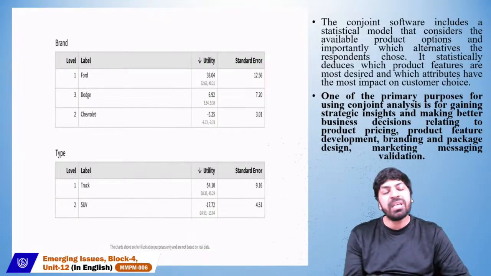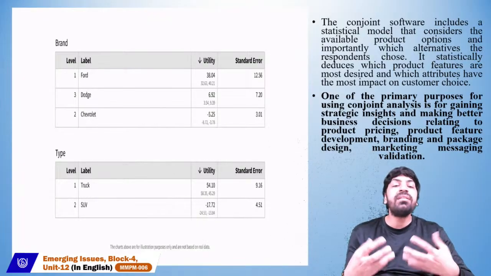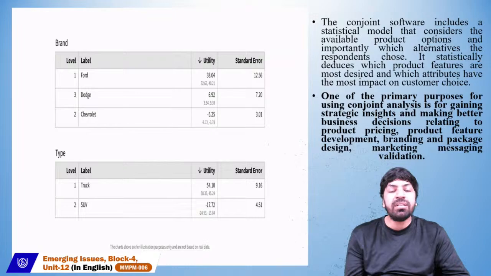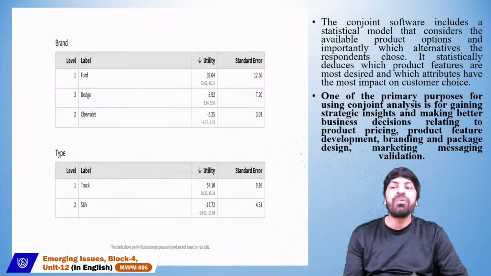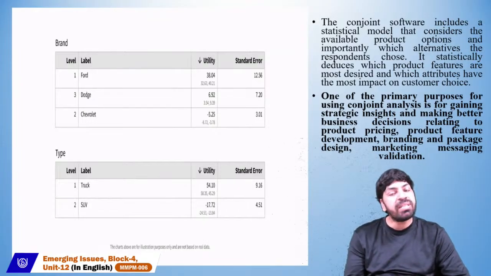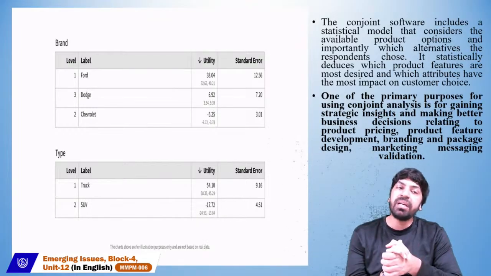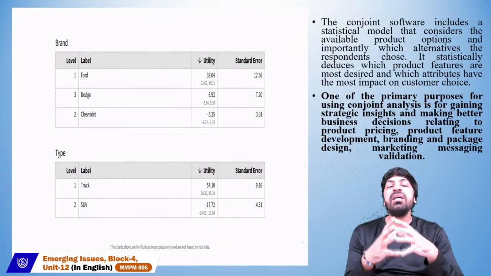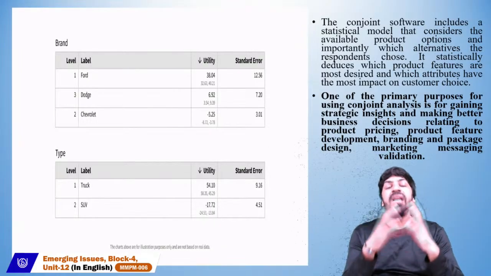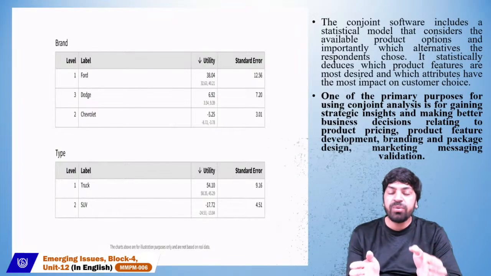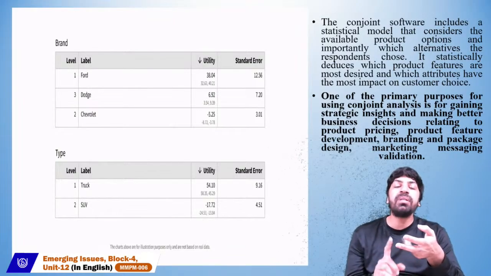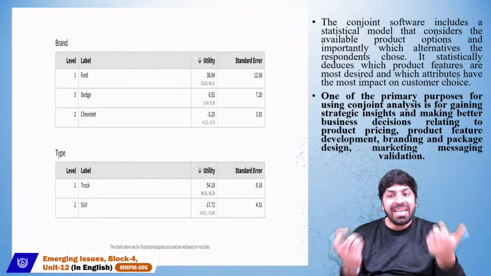One of the primary reasons for using such analysis is to gain insights strategically related to product pricing, product feature development, brand and package design, marketing, messaging, and validation. This is the main purpose since the research has been conducted, and the product, that is the car or vehicle, has been classified into four attributes: brand, type, pricing and engine.